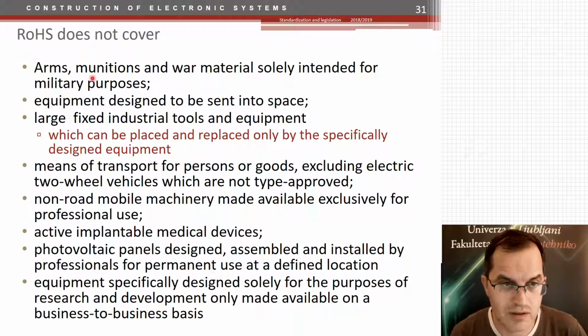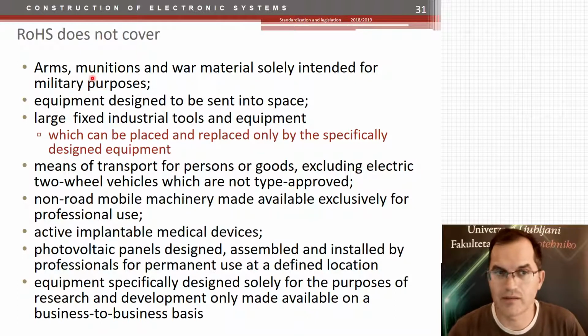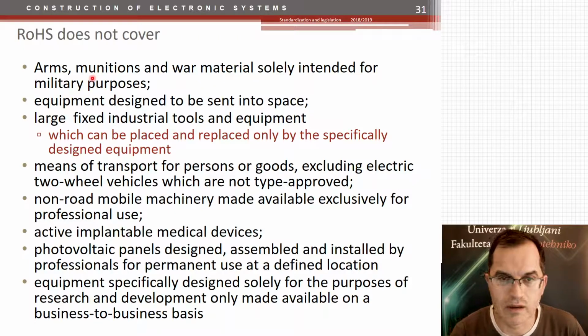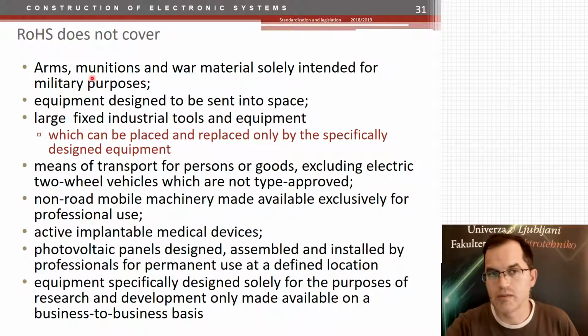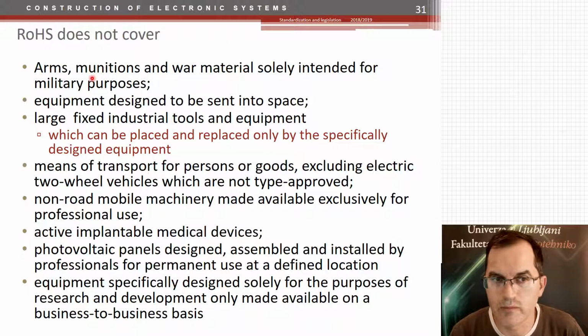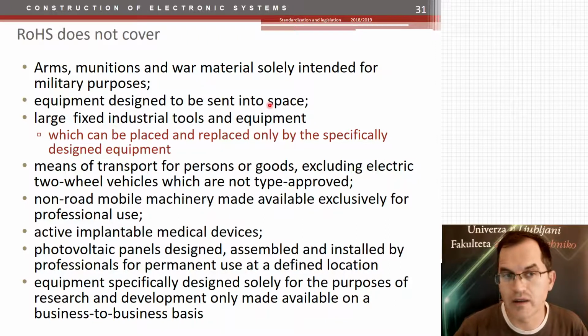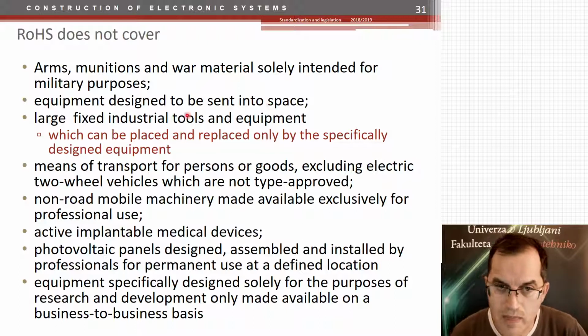Army, munition. You have lead there. You cannot make a bullet without lead, right? You can use maybe uranium for that, would be even worse. Equipment designed to be sent into space, satellites, where high reliability is of the greatest concern.